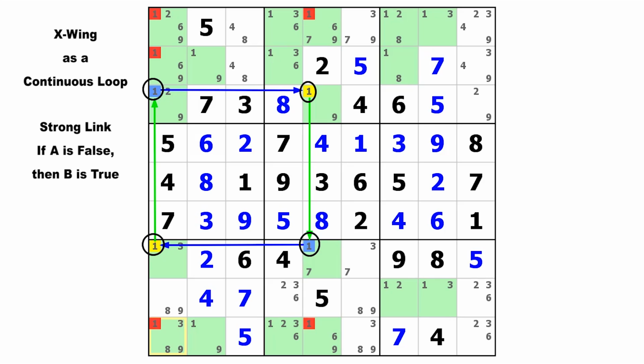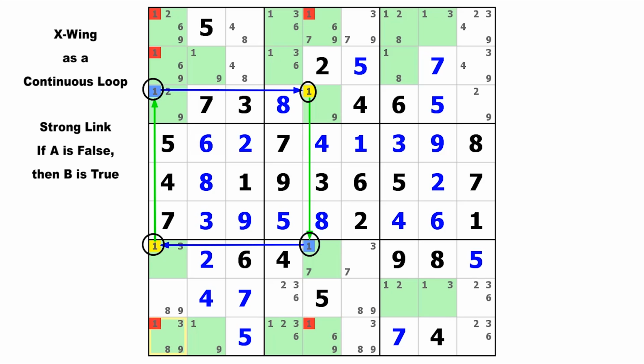And this means that both of those links that started out as weak links have now become strong links by virtue of the loop. This is powerful stuff. And as you will see, this will be the case for all continuous loops, no matter how long they are and no matter how many different candidates they may contain.